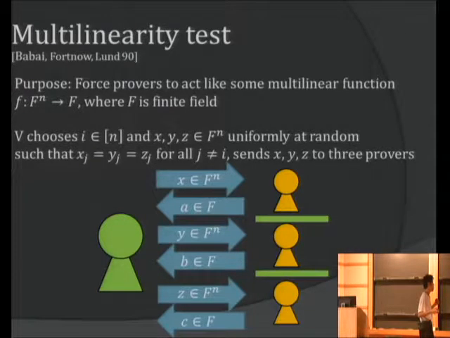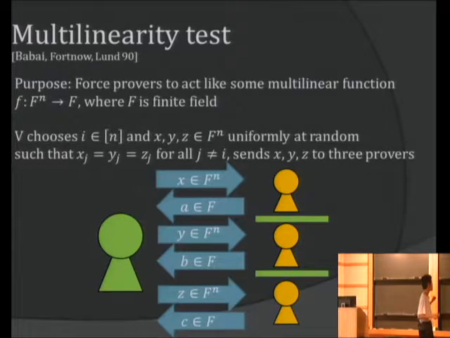Here, by multilinear, I mean a polynomial function where no term contains any variable more than once. To some people, this is a multi-affine function, but in this context it's usually called multilinear.